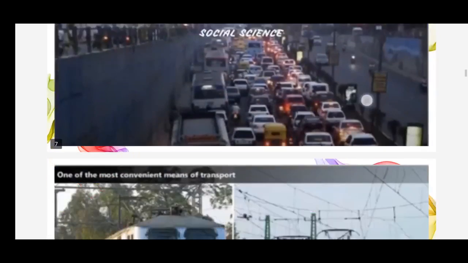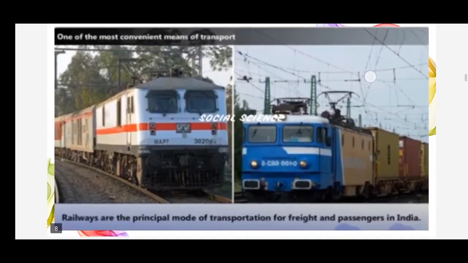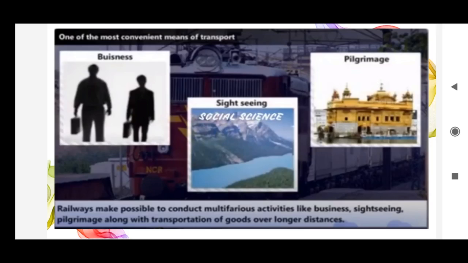So now let's come to the next lifeline, children, the next mode of transport, that is railways. You all know that railways are the most important mode of transport for freight, that is goods, and passengers in India, right? Children, now let us discuss the advantages of railways in India.